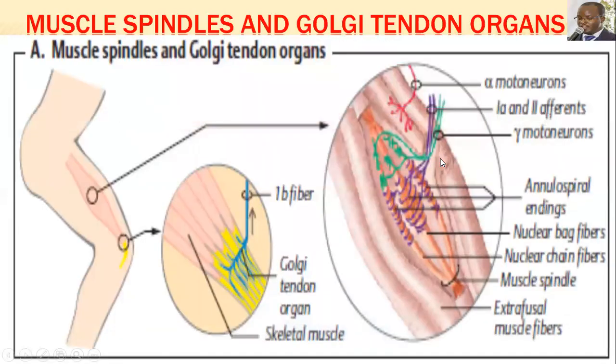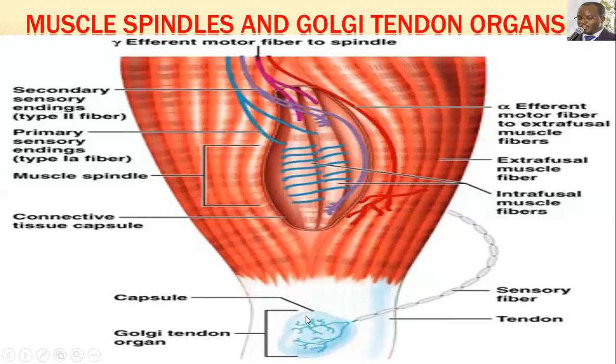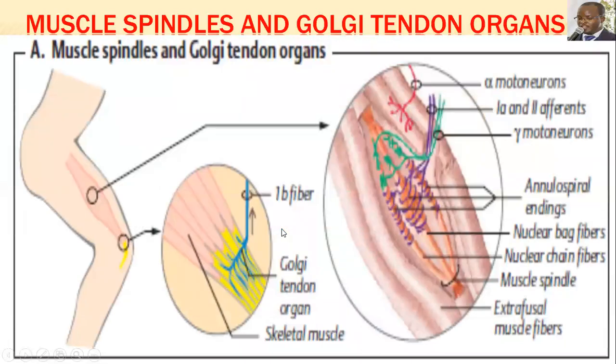Okay. Then from the tendon, you can appreciate the Golgi tendon organ here. We have the sensory fiber that is also transmitting action potentials to the spinal cord. Then from there, it will form a synapse with the alpha motor neurons that are innervating specific muscles, or it can inhibit other muscles. So these are Golgi tendon organs.